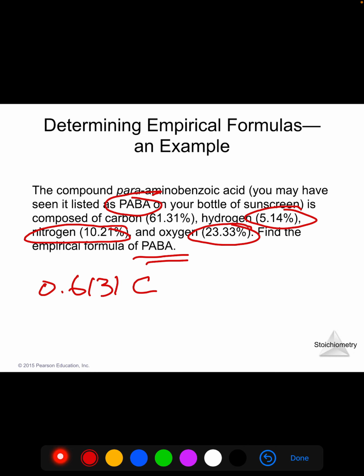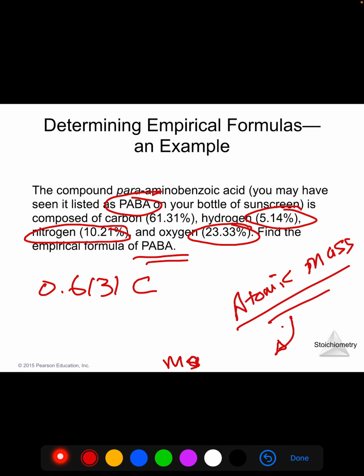And it's not, but don't forget, when you're working a problem like this, you are armed with a periodic table. And on that periodic table, you will find your average atomic mass. And you can take that along with the assumed mass, and calculate the number of moles. Okay?